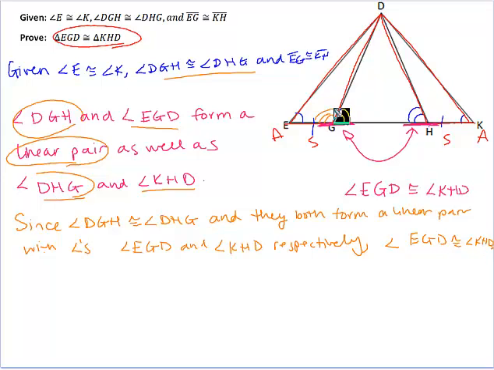Okay, so there we just showed that those two angles have to be congruent, and now we have an angle side angle.